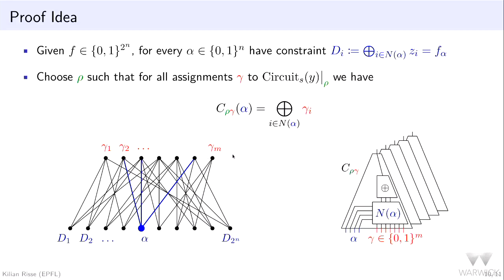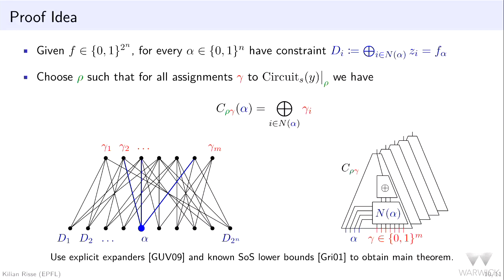And now I hope it's somewhat evident that refuting that there exists a satisfying assignment over this family is equivalent to refuting that this CSP instance here has a satisfying assignment. And then there are some technicalities, like you need to make sure that this neighborhood relation can be computed efficiently, and you need to use some explicit expander constructions. And you appeal to the known SOS lower bounds to actually obtain the degree lower bound for the MCSP problem.